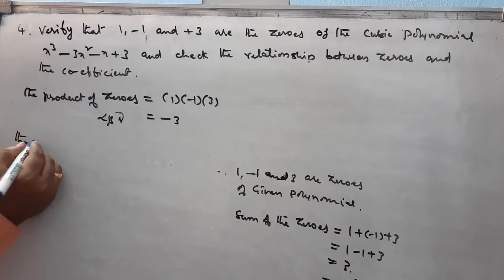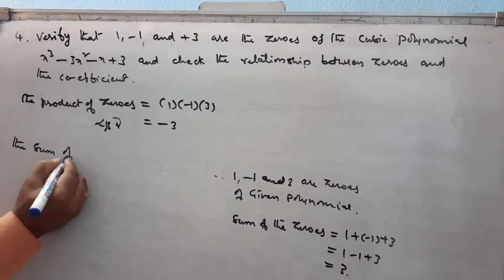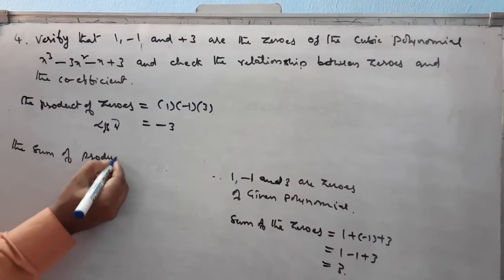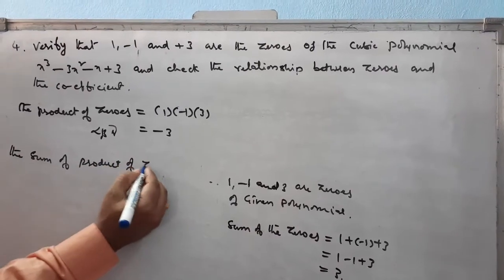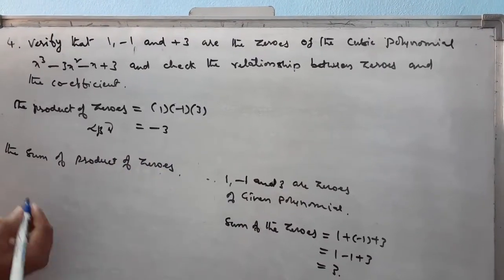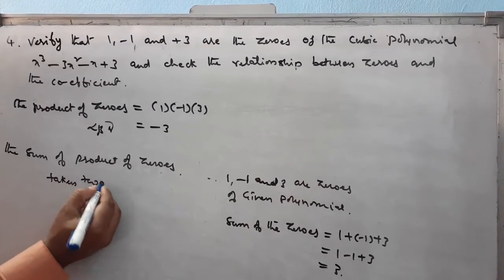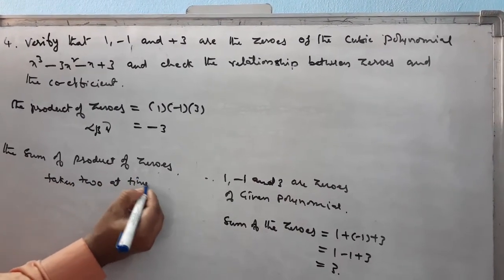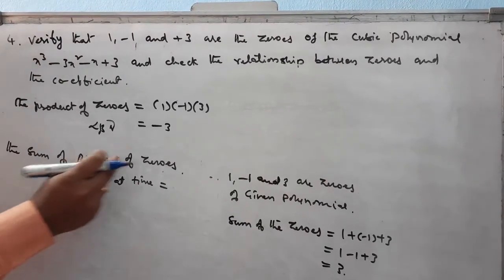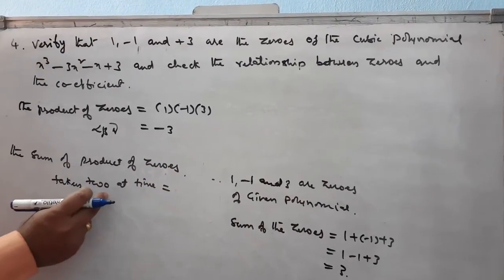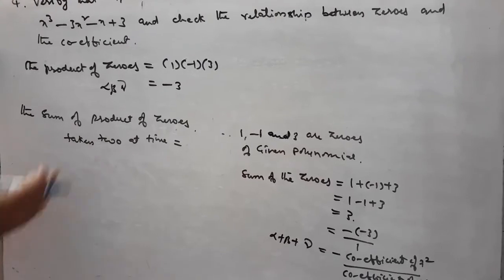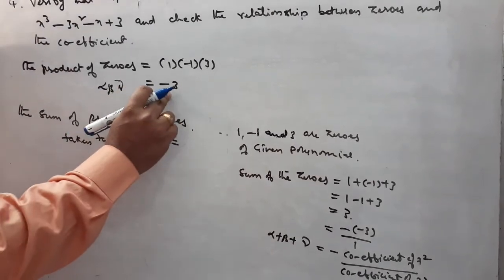Now the sum of the product of zeros taken 2 at a time. Here alpha beta gamma is equal to minus 3.